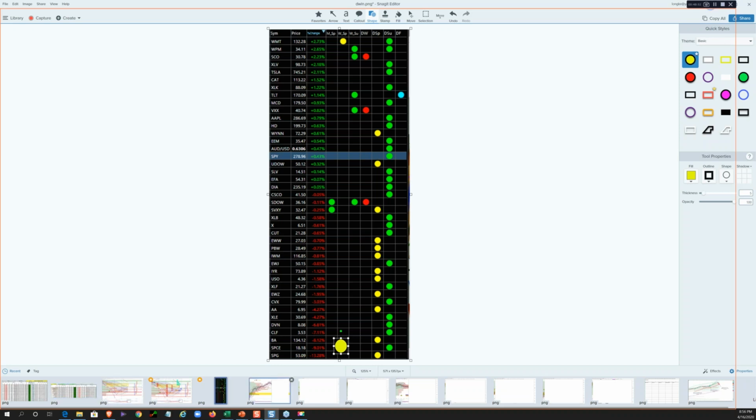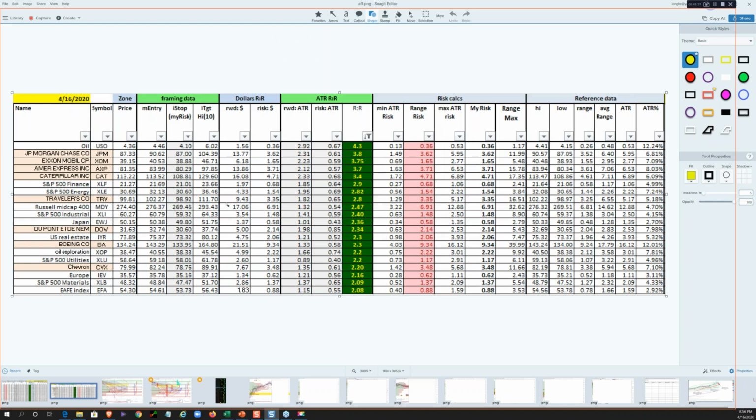Quickly, in the auto framer, these are the ones that test out well on a mechanical entry for a test of the 10-day high. Things like oil, Morgan, Caterpillar, American Express. These are all the things that got smashed and are far away from their 10-day high, but had relatively small ranges today.